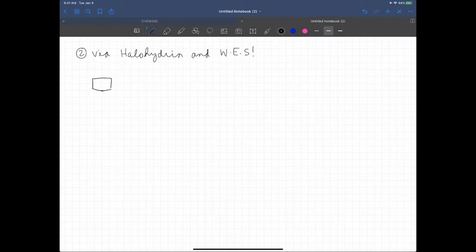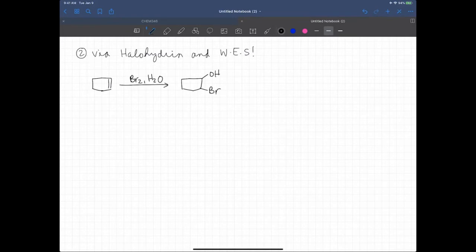If I had this starting material, for example, and I treated that with bromine and water, I will get the hydroxy group and the bromine on the carbon chain, right?